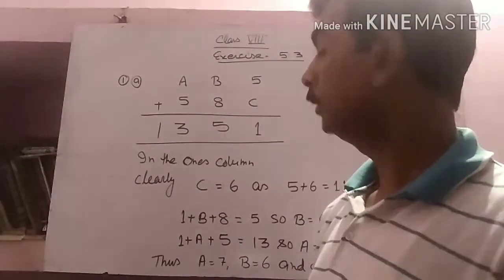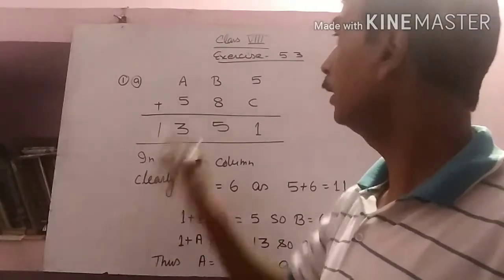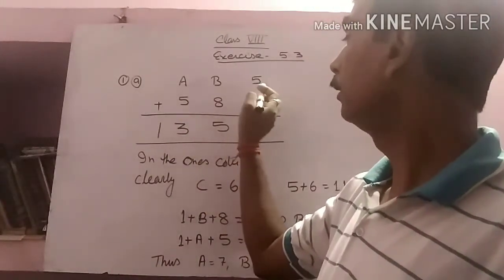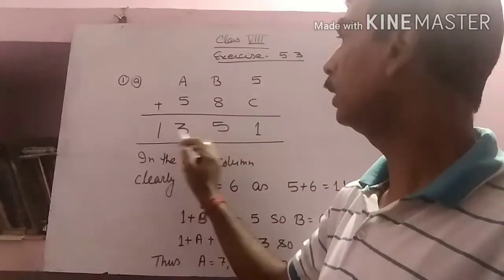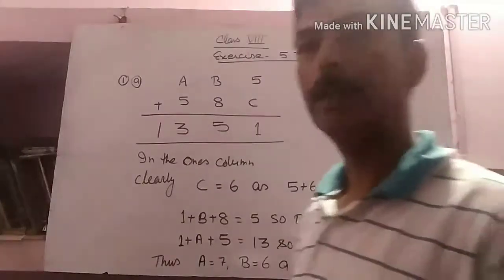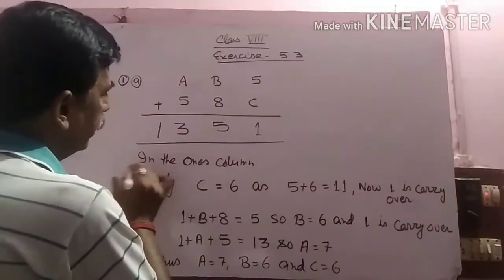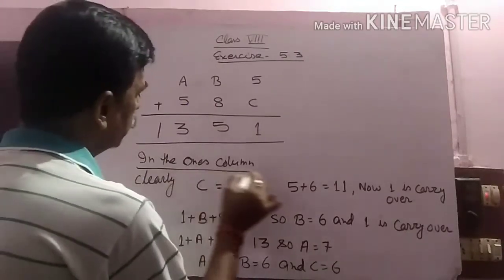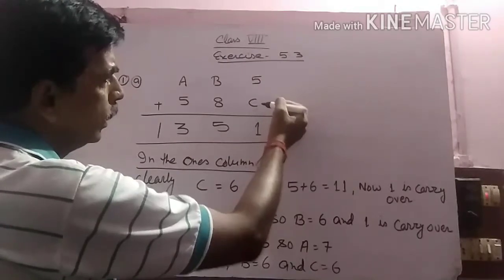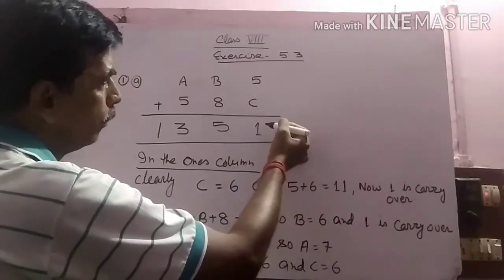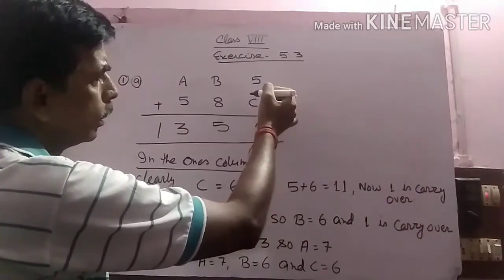As you know, question number 1 of 5.3, part A, is given as AB5 plus 58C is equal to 1351. In the ones column, we have 5 plus C is equal to 1, meaning 5 plus what is equal to 11.